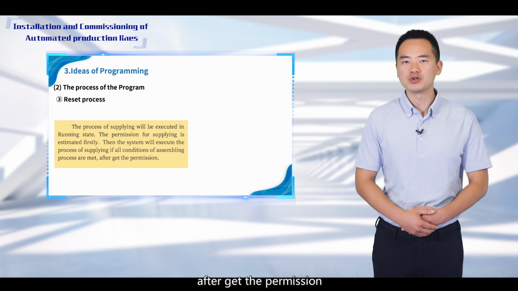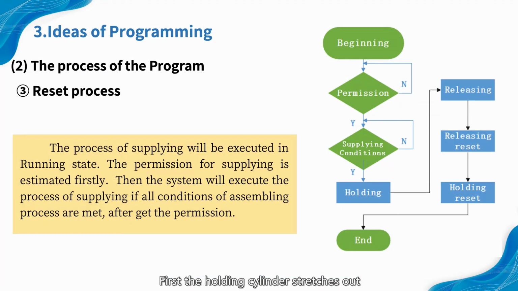After getting the permission, first, the holding cylinder stretches out to hold the upper part. Second, the releasing cylinder retracts to release the part to the left trail of rotating mechanism. Third, the releasing cylinder stretches out. Fourth, the holding cylinder retracts.